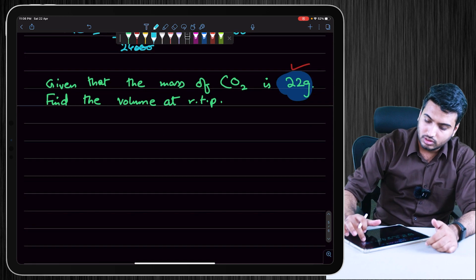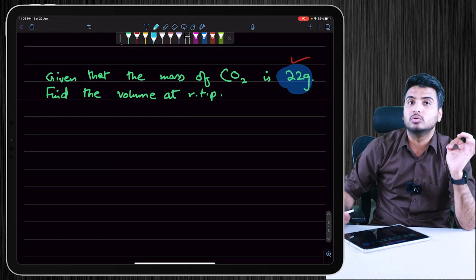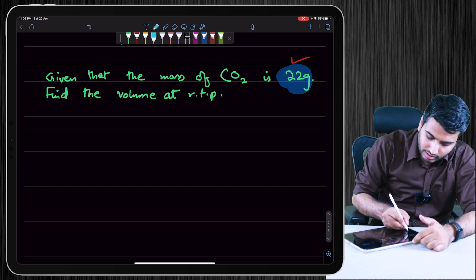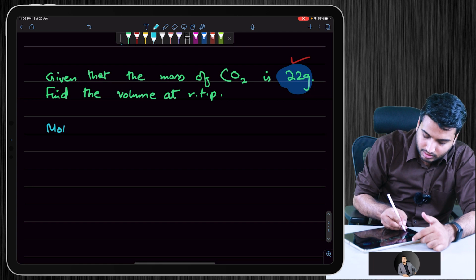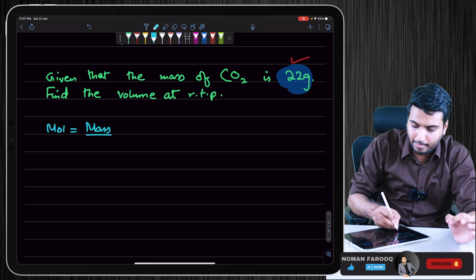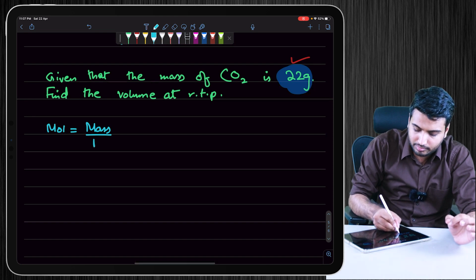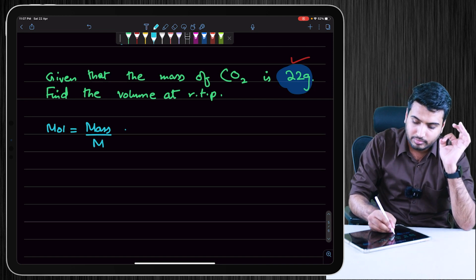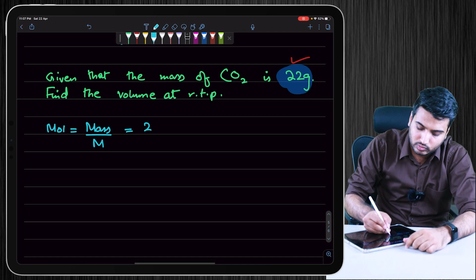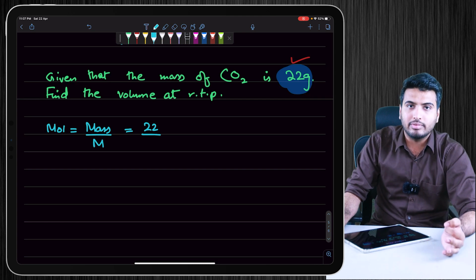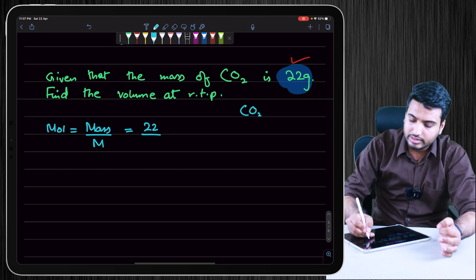All right, so to convert the given mass into moles, as it is the mass, so we would use mass mole relationship. So first of all, according to the mass mole relationship, to find moles we divide mass by molar mass. So given mass in the question is 22 grams. All right, and the molar mass or molecular mass of carbon dioxide. All right, so carbon is 12.